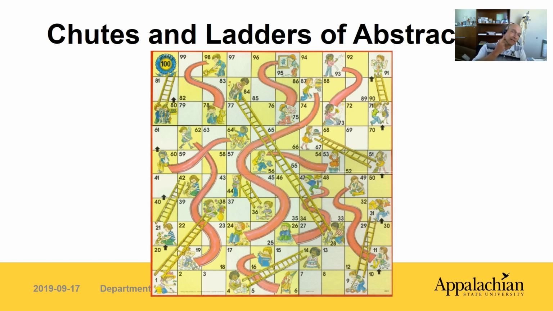So an analogy to this comes from a children's game that we have in the US anyway. I'm not sure how pervasive it is around the world, called Chutes and Ladders, where you can use ladders to move up on this grid. But then if you run into a chute, that kind of dumps you back down into some lower level case. And I think this is a slightly more realistic picture of what the process of acquiring all these different phonological categories might be.